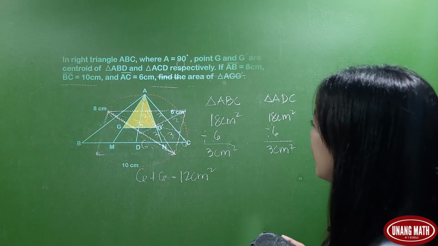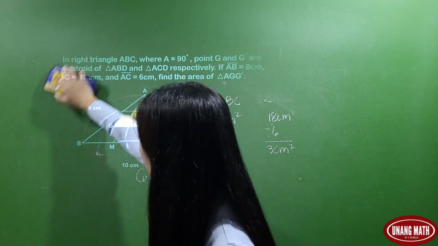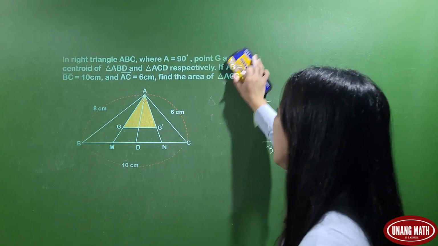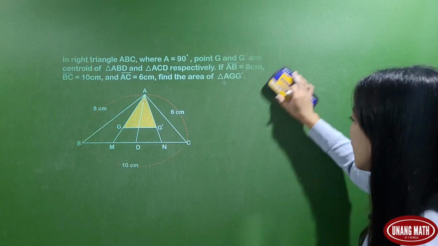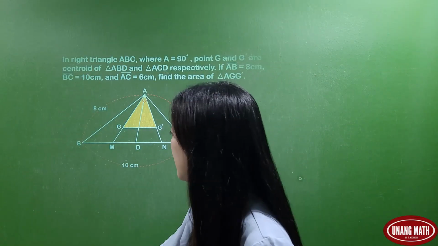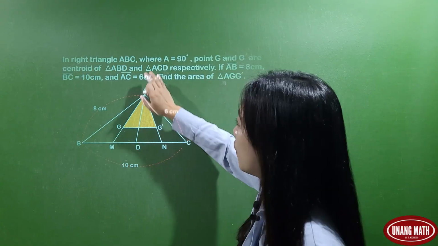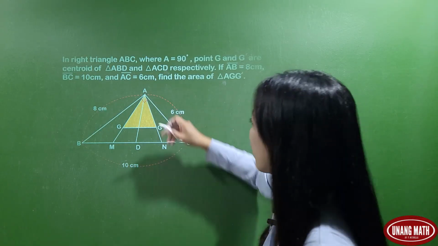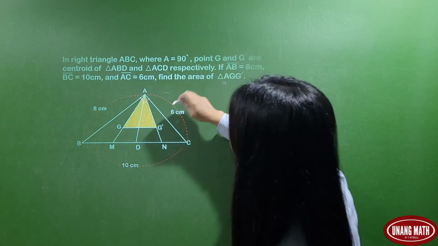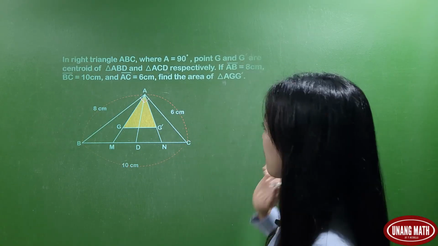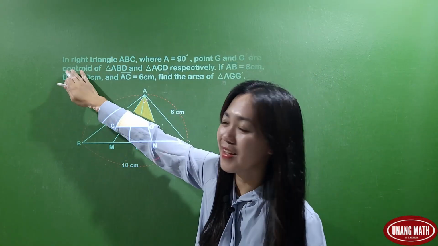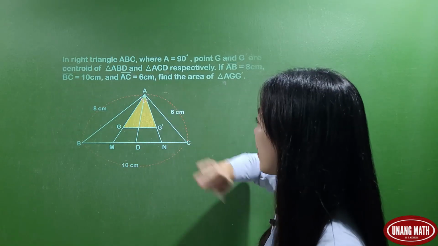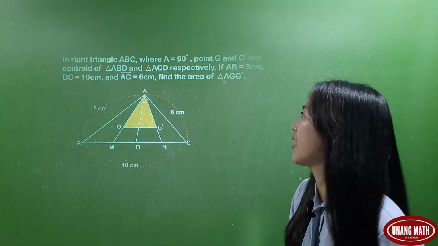Okay, moving on to our last question or problem. According to this, in this right triangle ABC, where angle A is 90 degrees, point G and G prime are centroids of triangle ABD and triangle ACD, respectively.